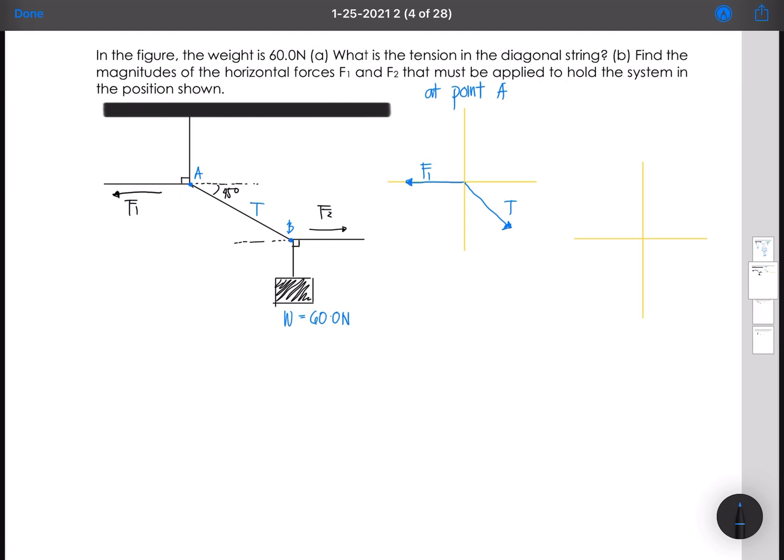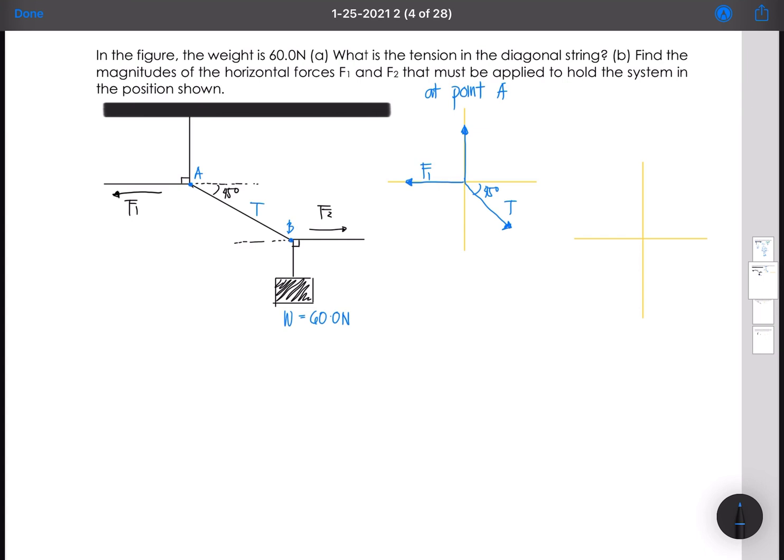At point A, the direction of tension is towards southeast. We also have a force that is directed upwards. That is the force that is supporting the entire system. The angle here is 45 degrees.